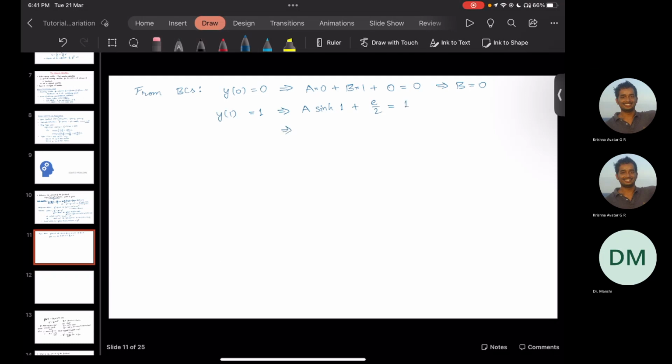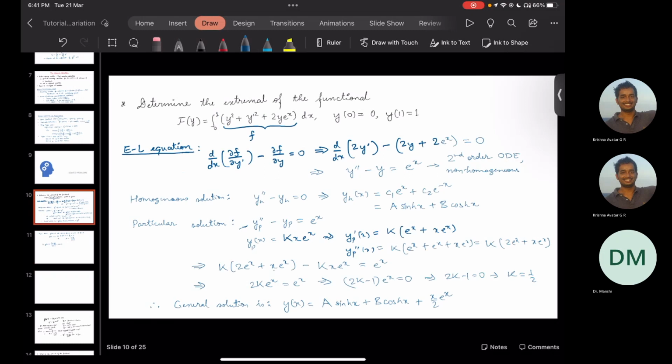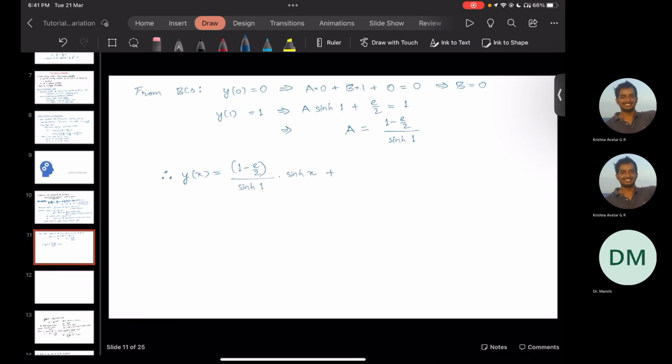So then we have a is equal to (1 minus e by 2) divided by sine hyperbolic 1. So therefore our solution is y of x is equal to (1 minus e by 2) divided by sine hyperbolic 1 into sine hyperbolic x plus x e to the power x by 2. Okay, so this is our solution.